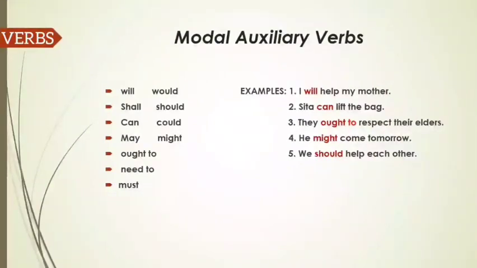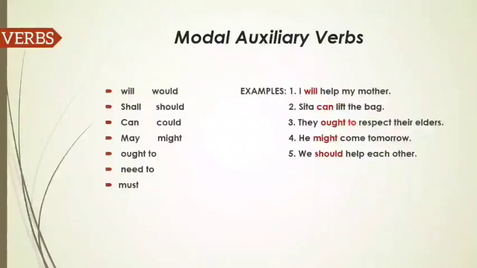Modal auxiliaries. I'm going to provide them here, but there is another section. Will, shall, can, may, ought to, need to, must. Will, past form would; shall, should; can, could; may, might. A few examples I have provided here, but these are not everything.